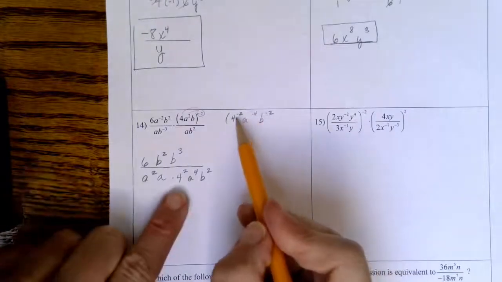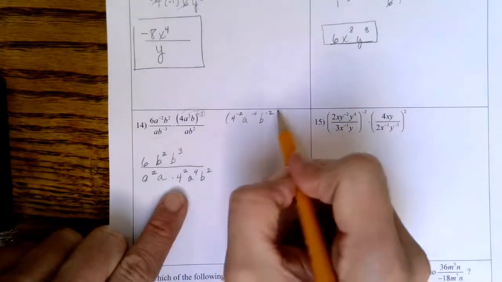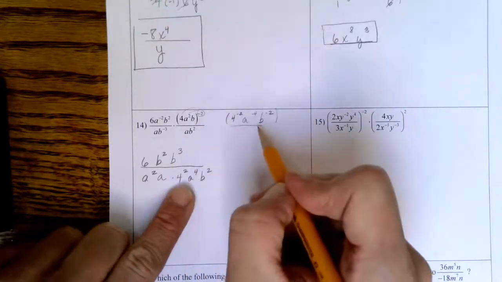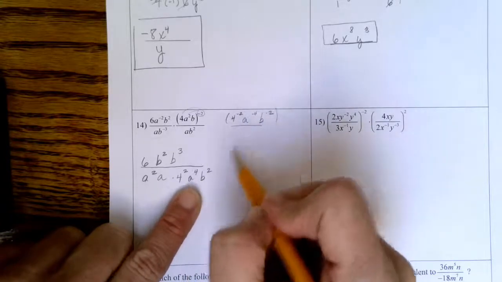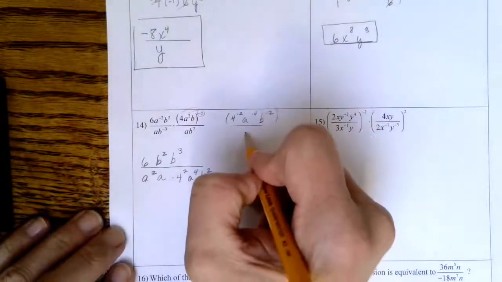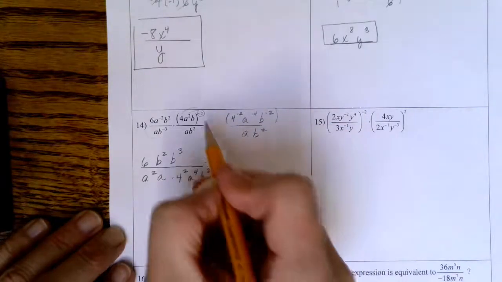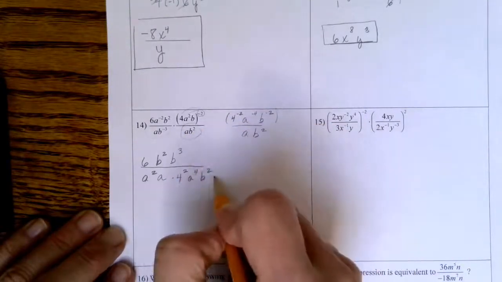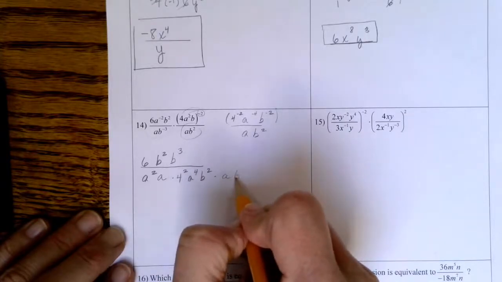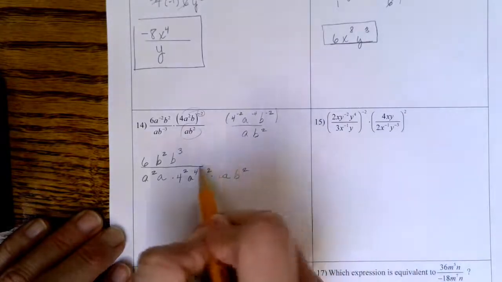That's how these 2 4's ended up in my denominator. These 4 a's came down and these 2 b's came down. If you need to take an extra step to write it, please do. Don't forget about these. So here's my a and my b squareds.